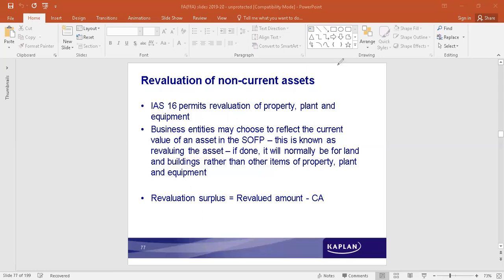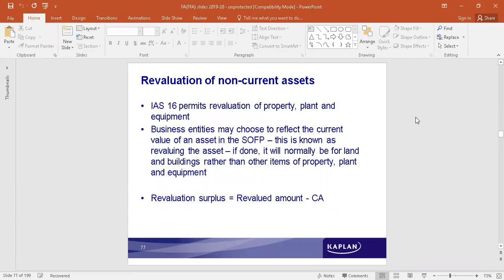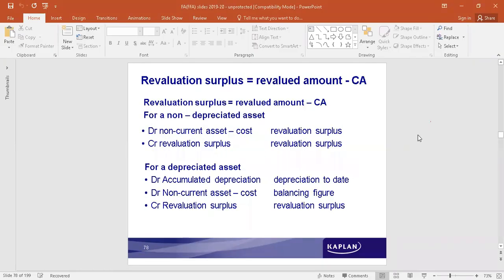So this is a gain, the revaluation surplus, that is accounted after adjusting the book value of the asset according to the market value. Sorry, CA is cost of the asset. So how are the entries done in the books of accounts? Revaluation surplus is equal to revalued amount minus the cost of the asset.